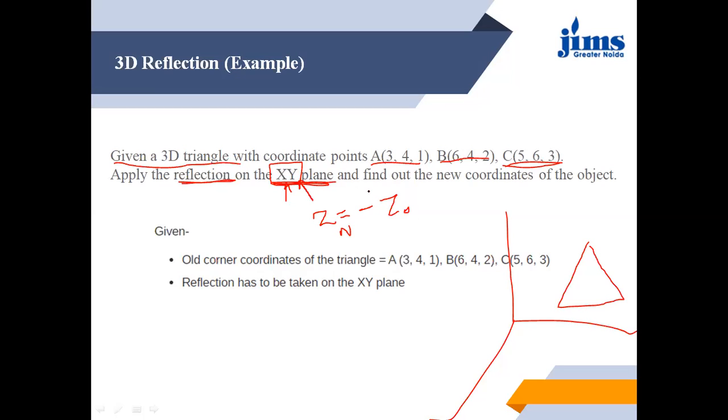So we have to find out the new coordinates of the object. In this we have been given two things.